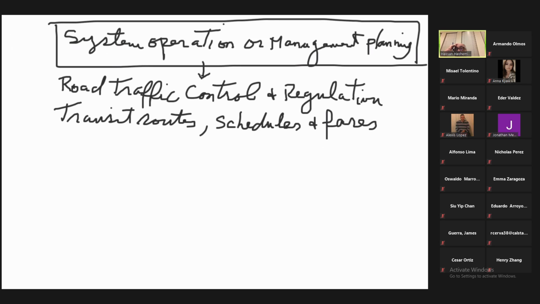If some incident happens on the freeway, for instance, a car breakdown, or you ran out of gas, or you have a flat tire, in the operations center, they can see that you're blocking the traffic. So they send somebody right away to give you gas and change your tire and get you out of there for free. So if during a peak hour you have this type of problem, just stay in your car. Don't do anything because they are seeing you, and they send somebody over there to save you. So that's part of the system operation.